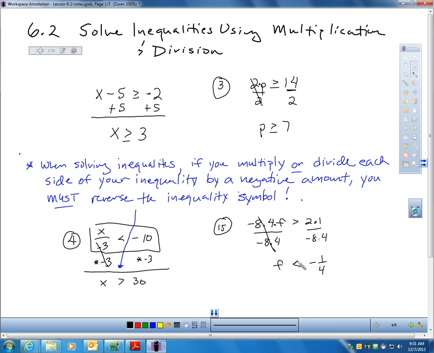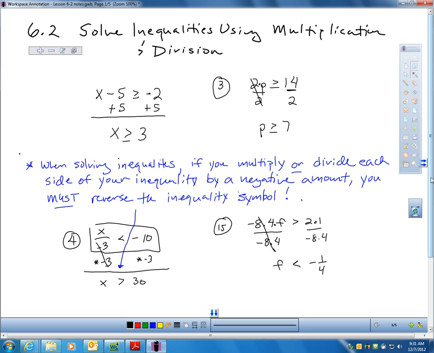That works, okay? So I just checked my answer on that also. All right, so again, I think it's very basic. It's just basic one-step equation solving, except when we solve inequalities, if we multiply or divide by a negative amount, you must reverse the inequality.